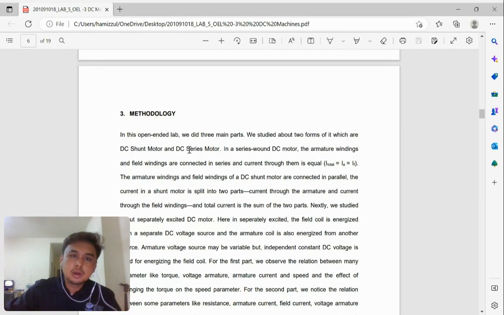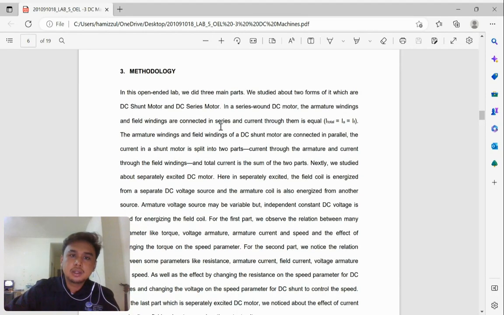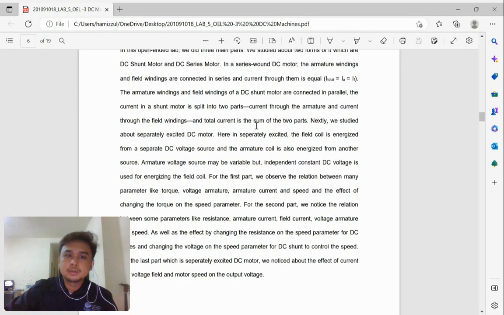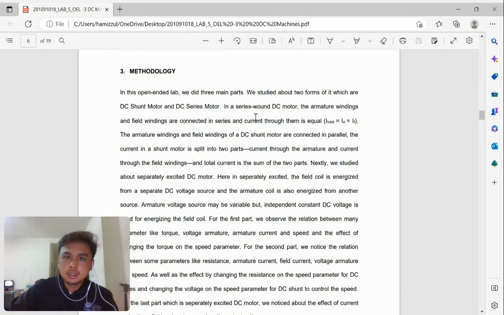For the methodology, we did three main parts. We studied two forms, which are DC shunt and DC series. In a series wound DC motor, the armature winding and field winding are connected in series, and the current through them is equal, so the armature current and field current are equal to I total.